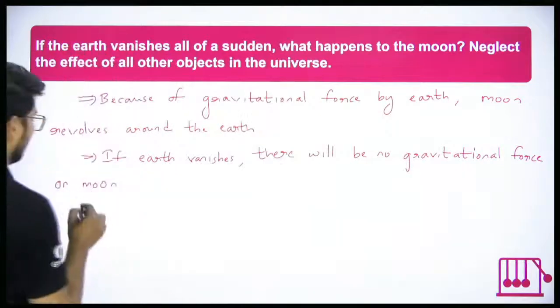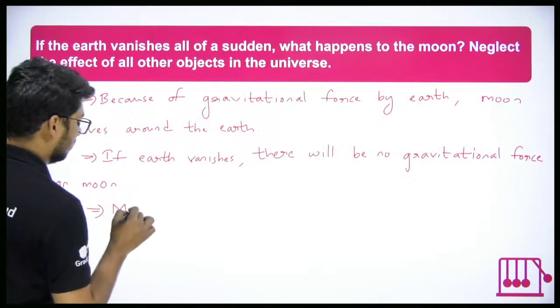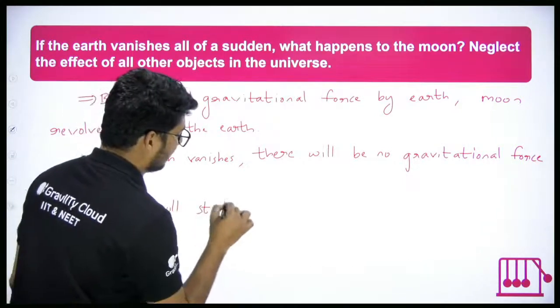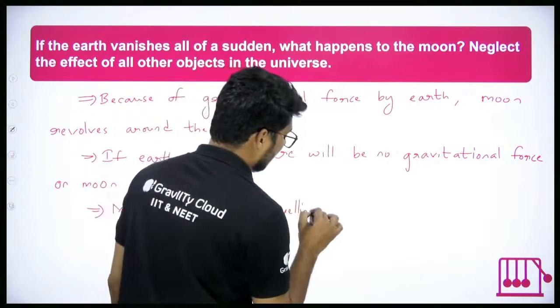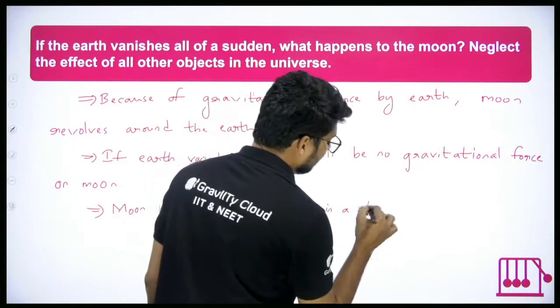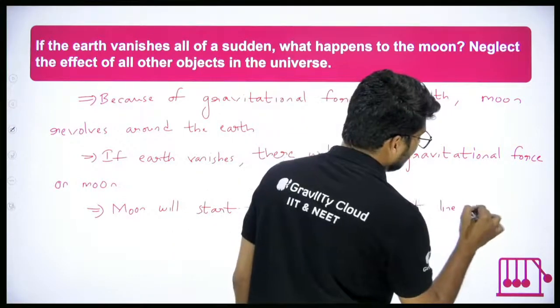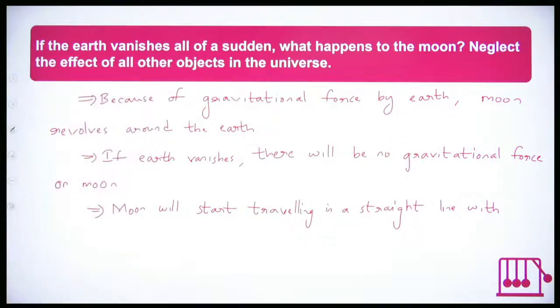And if there is no gravitational force on moon, so what happens? So the moon will start traveling in a straight line with constant speed. Why? Because if there is no force, no change in velocity.